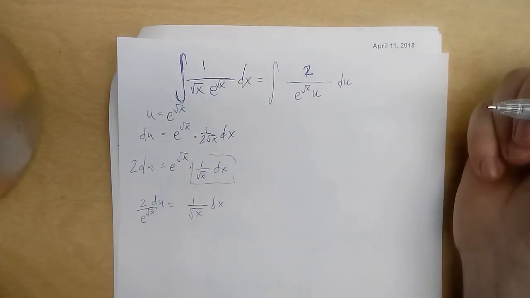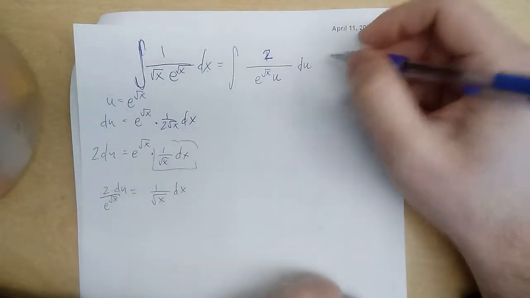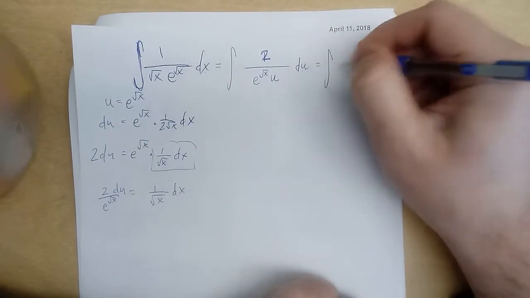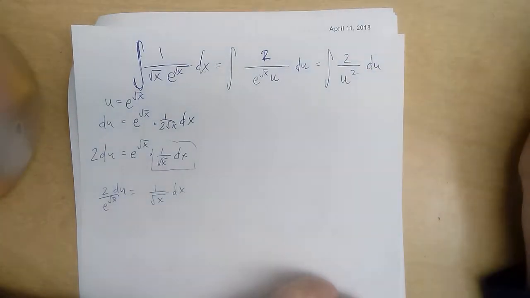But I still have x's and u's mixed up with each other. But now I have another e to the radical x that I could replace with a u, and so I could write this as 2 over u times u, or 2 over u squared du.